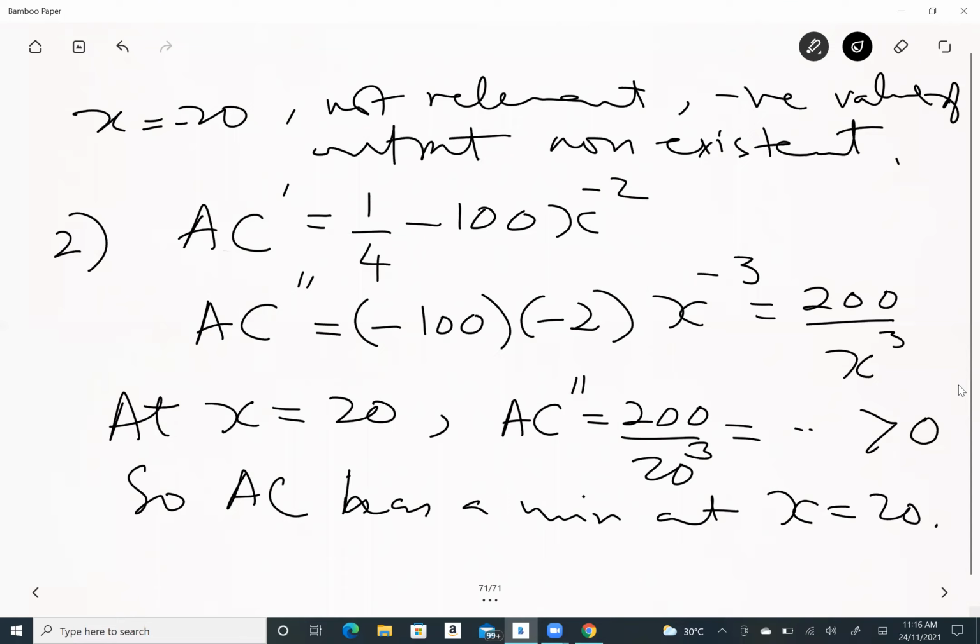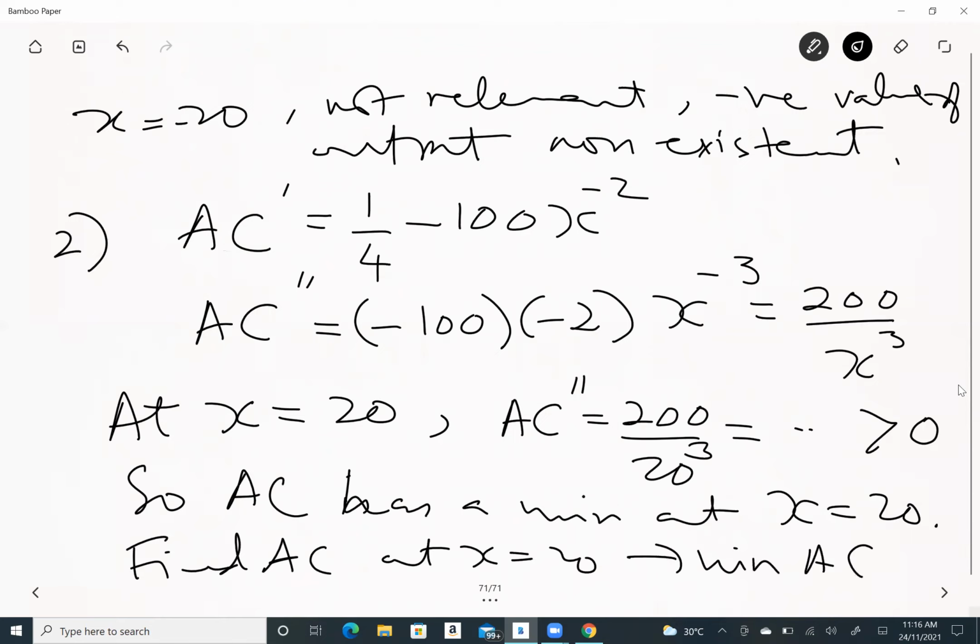And then you find the average cost. What is the average cost at x equal to 20? That will be the minimum average cost. Okay, if you look at the book, it is 14. But find it, okay, find it. And then just describe.